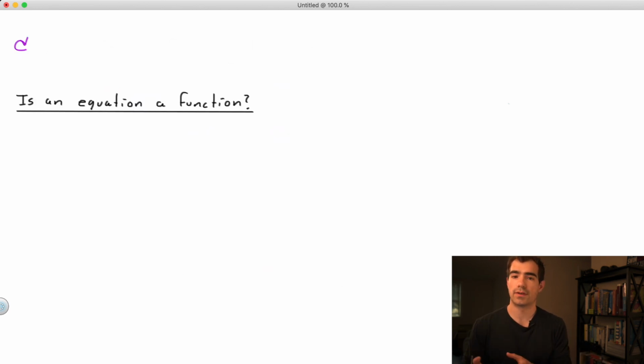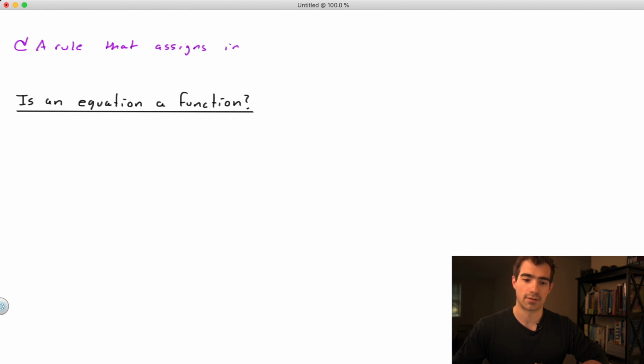And so now we can use function notation and we can evaluate functions at certain inputs. But if we were given a generic algebraic equation, are they always functions? Now, in order to answer this question, we have to remember back to the specific definition of a function again, which is a rule that assigns inputs to exactly one output.